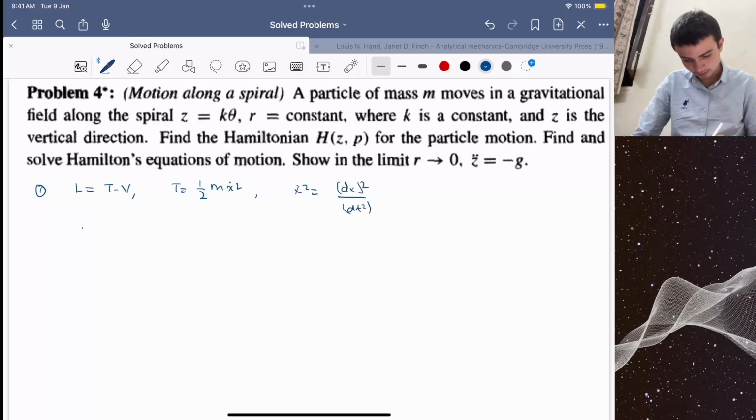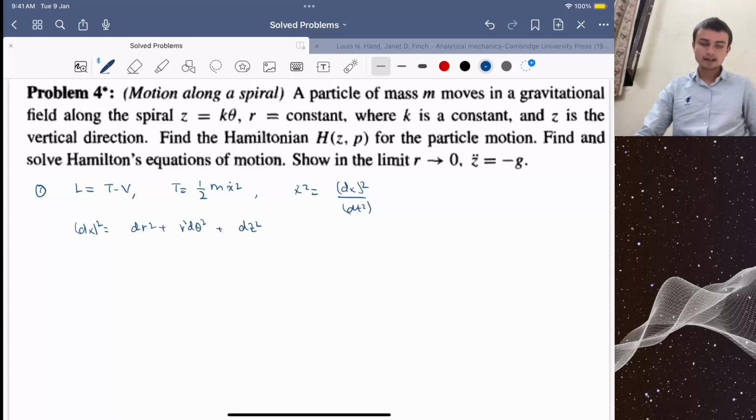In cylindrical coordinates, dx squared is dr squared plus r squared d theta squared plus dz squared. Here, as r is constant, dr will be 0, so dx squared is r squared d theta squared plus dz squared.